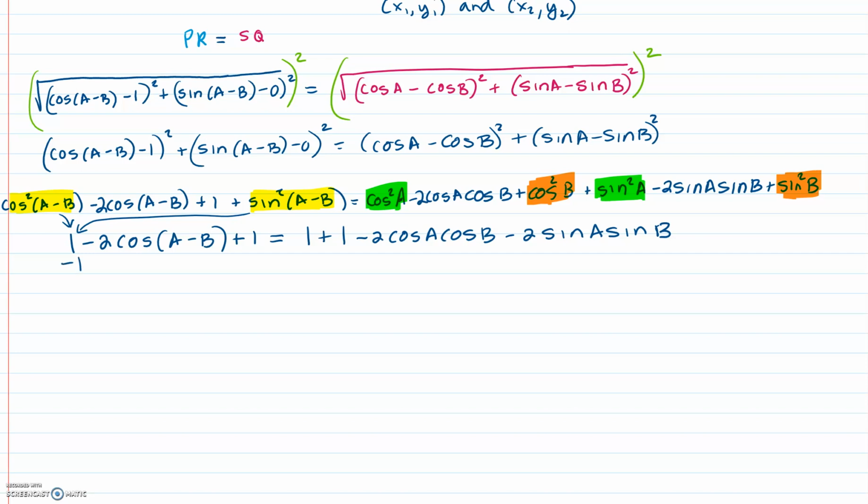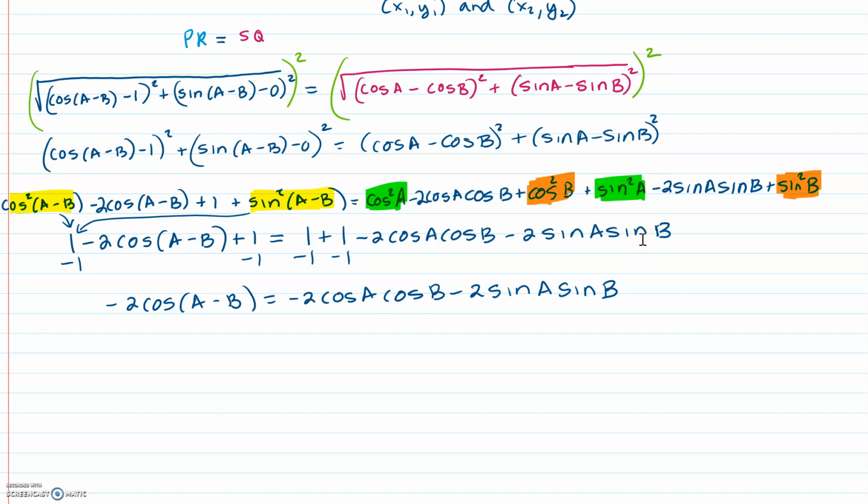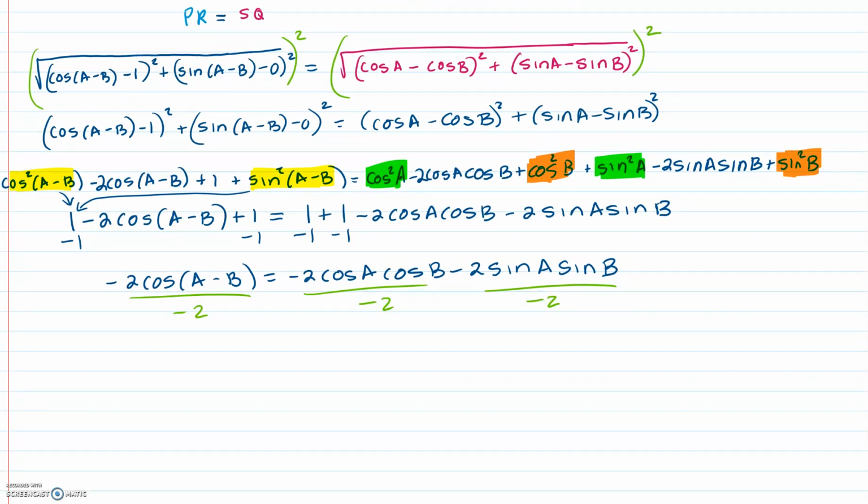So you can subtract 2 from both sides, and what you end up with is minus 2 cosine of A minus B on the left, minus 2 cosine A cosine B, minus 2 sine A sine B on the right. I can divide everything by negative 2, and we're going to get the formula.